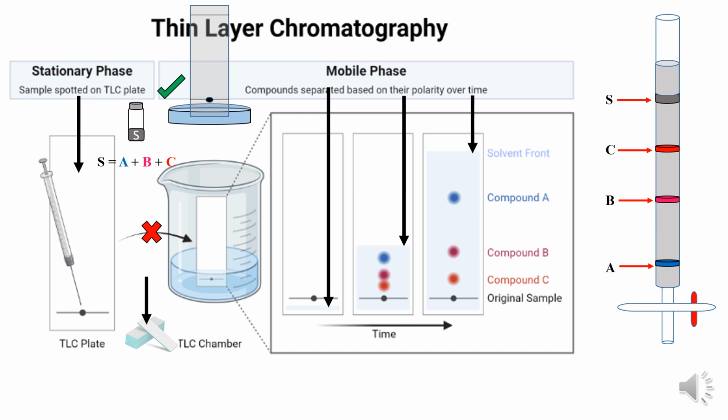The only difference is that in case of TLC, a thin layer of silica gel slurry is applied over the glass plate, while in case of column chromatography, the silica gel slurry that is prepared is filled into the glass column. In TLC, the glass plate acts as a solid support for the silica gel, while in case of column chromatography, the glass column acts as a solid support for the silica gel slurry, which acts as a stationary phase.